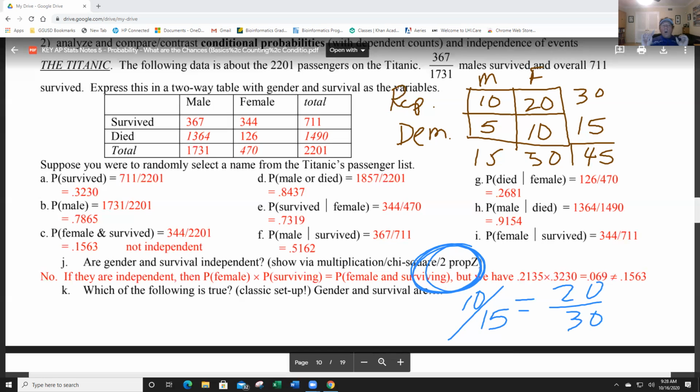Or if the rates are close to being the same, then the variables are considered independent. Okay, these are exactly the same, so I don't have any wiggle room. So in this table, the question of are political party and gender independent events? Yes, they are, because they are signing up for the parties at the exact same rate.